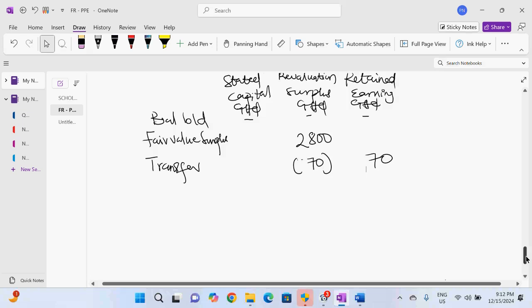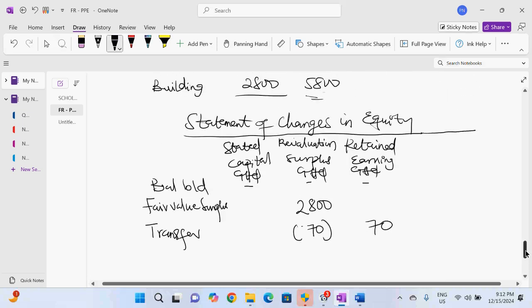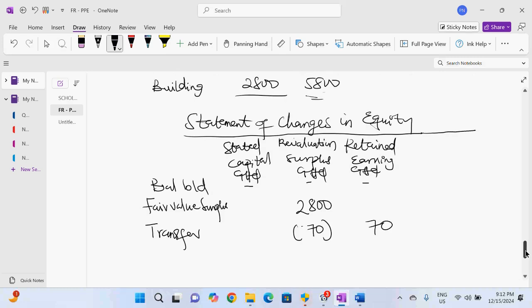What you write at the top, that is what you record under. So even if I bring it here, the examiner will look at what is at the top. 70. It means you are taking 70. Transfer from revaluation surplus to retained earnings. So I'm sorry for interchanging it. Next time I will not do that.